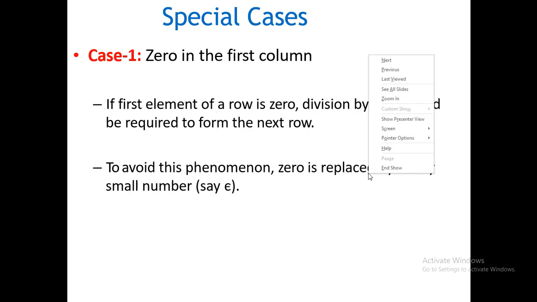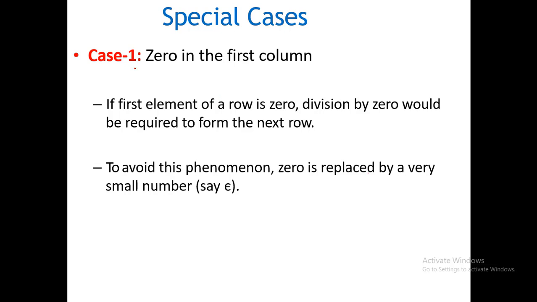There are some special cases, and the first case is when there is a zero as the first element in the first column. So the situation that can occur is that there will be a zero in the first element of the route array.